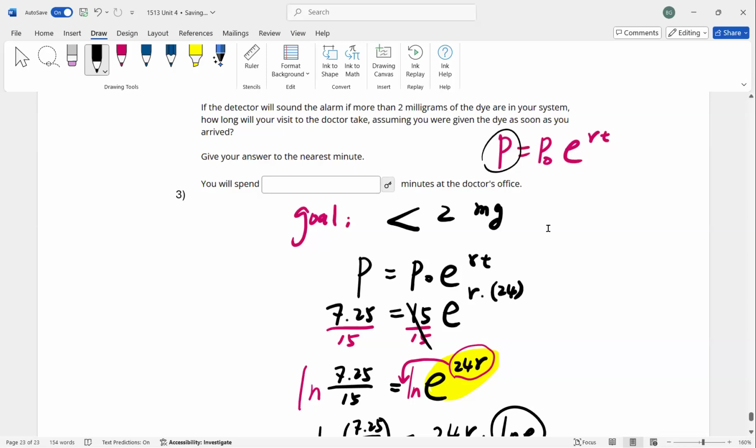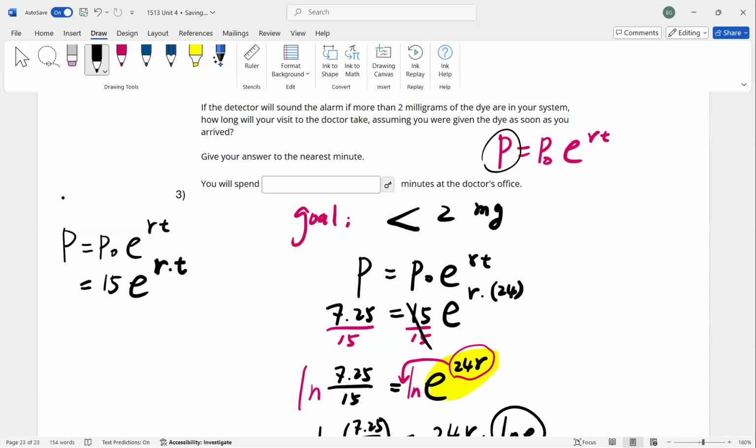And what's the goal? The goal is to pass the detector. P equals P sub 0 e to the power of rt, and the initial mass of the substance is 15. R is known right now, and we want to know t.